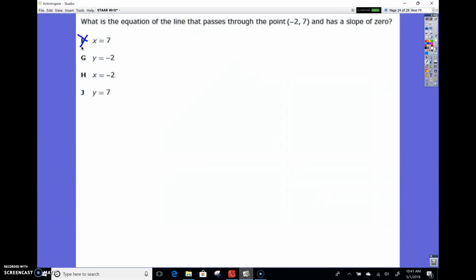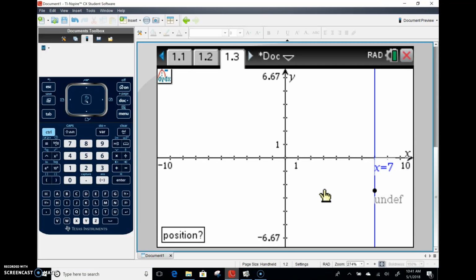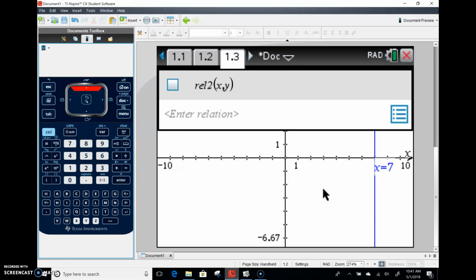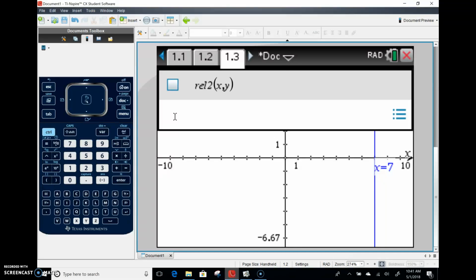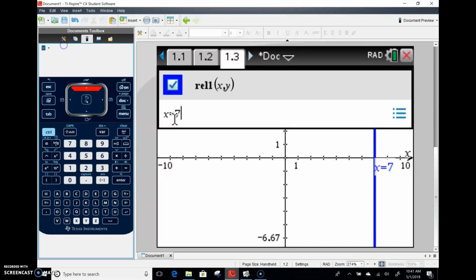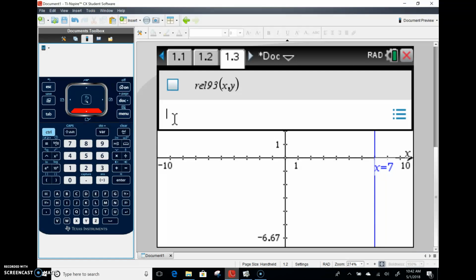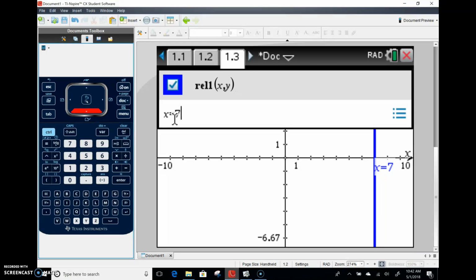I type in the next one, y equals -2, enter.